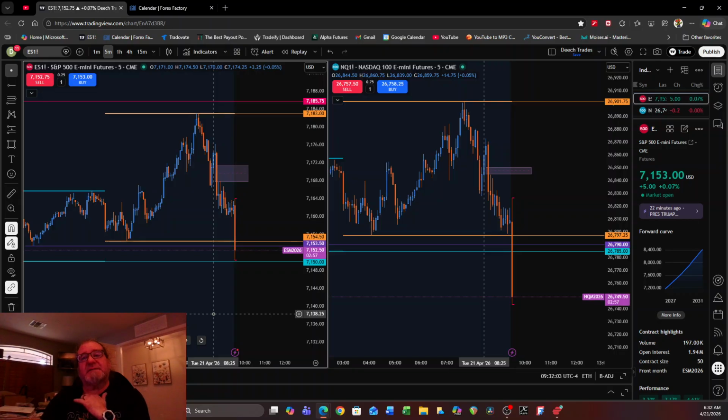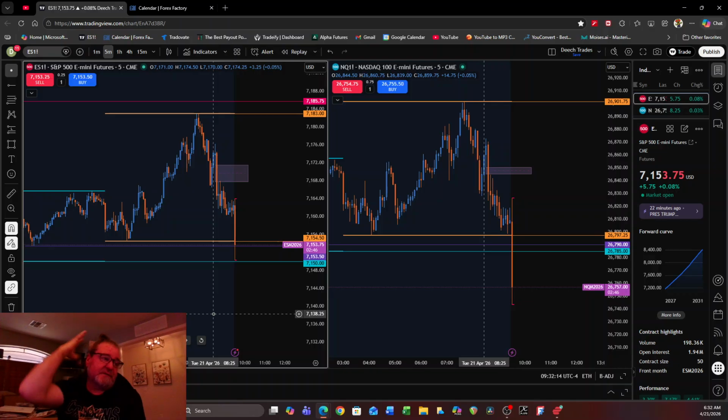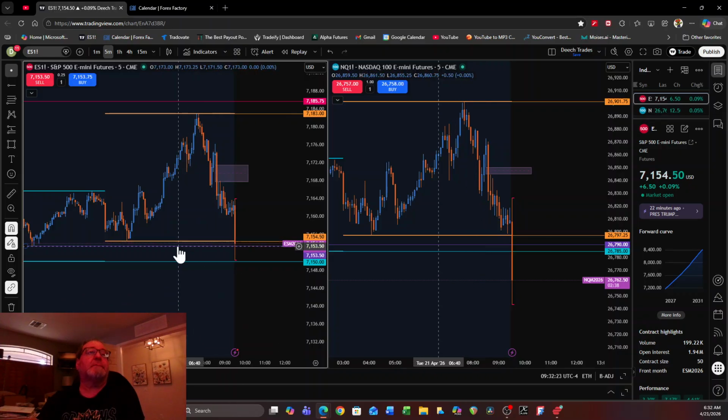Okay, NASDAQ's just tanking out, and that's a pretty major deal. So we're going to have to see what that looks like, either continuing or making its way back.